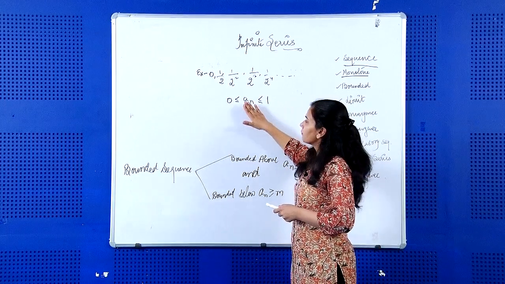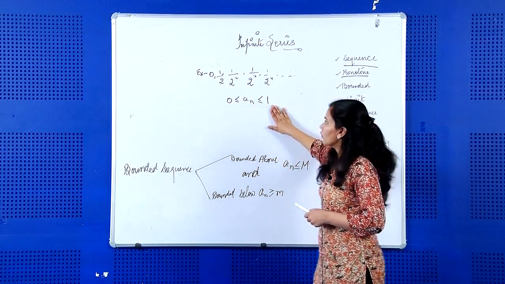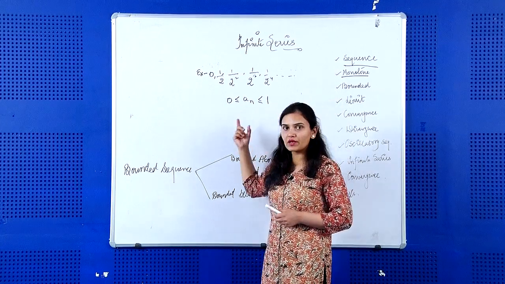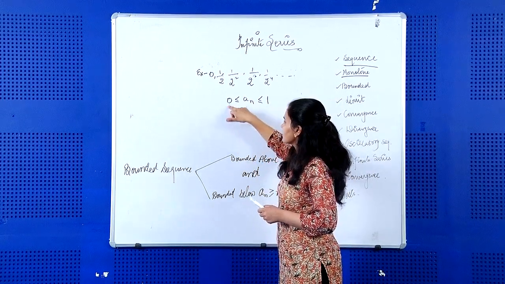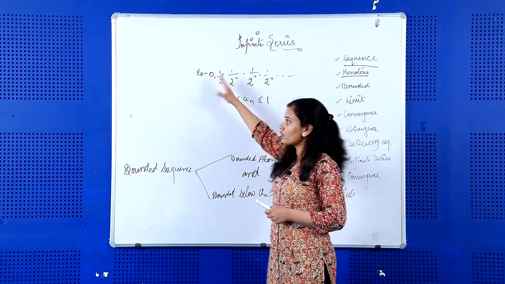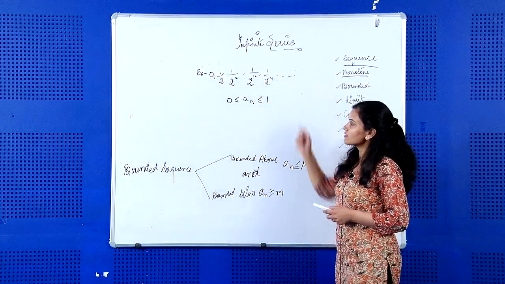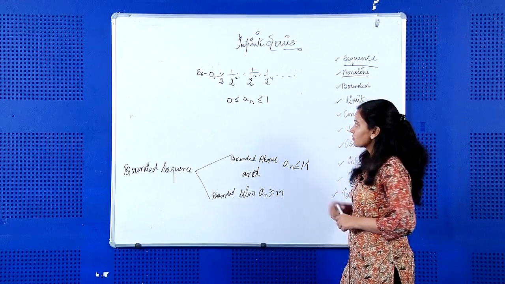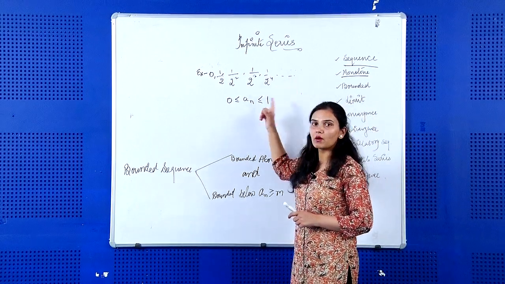So it is both bounded above and bounded below. All the values of the sequence will lie between this certain 0 and 1. No values can be less than 0 and no values can be greater than 1. So this is an example for a bounded sequence because it is both bounded above and bounded below.